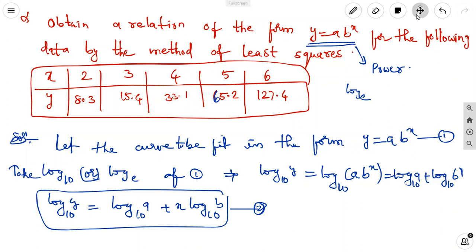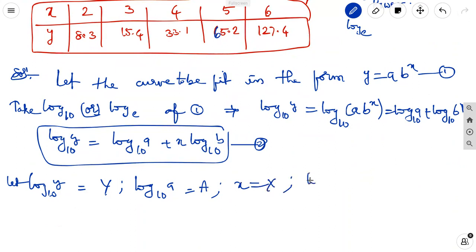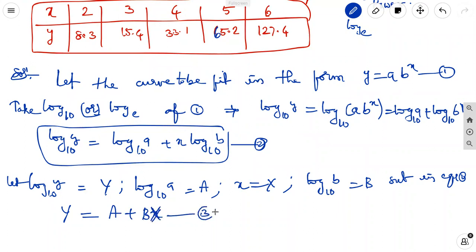In this, we can take the general form: let log y base 10 be equal to capital Y, log a base 10 equal to capital A, small x equal to capital X, log b base 10 equal to capital B. Substitute in equation 2. Then it becomes capital Y is equal to capital A plus capital B X. It is the third equation.